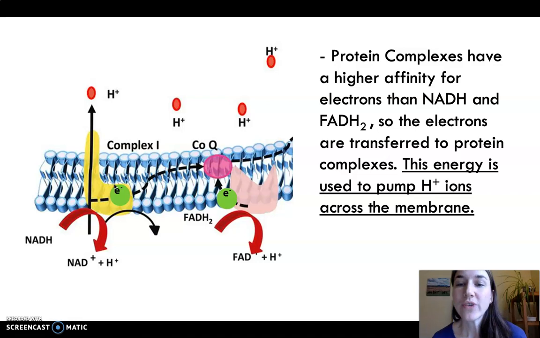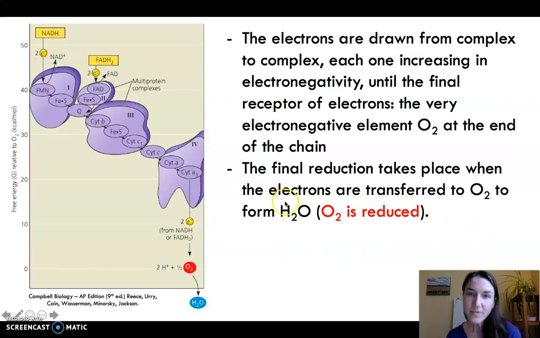They are going to gradually get drawn from complex to complex, and the energy of those high energy electrons is going to get used to power these proton pumps that are embedded in the inner membrane to be able to pump H+ against its concentration gradient and cause it to accumulate in this space between the two membranes.